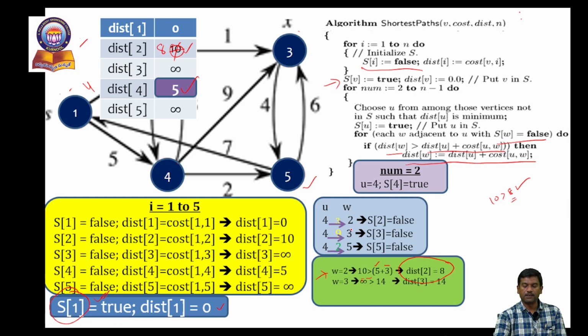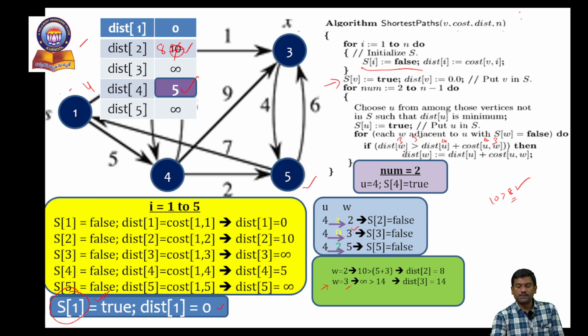That is 3. So from 3, that is adjacent vertex 3, find out whether there is a distance update or not, given the condition distance of w greater than distance of u plus cost of u comma w. Based upon this condition with respective values, w is equal to 3, that is distance of 3 is greater than distance of u, where u is equal to 4, and w value is equal to 3.